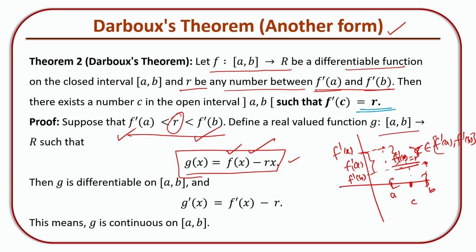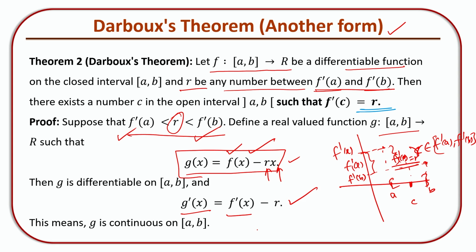Why? Because f(x) is differentiable, r is a constant, and x is a differentiable function, and the difference between two differentiable functions is differentiable. So g'(x) is equal to f'(x) minus r.